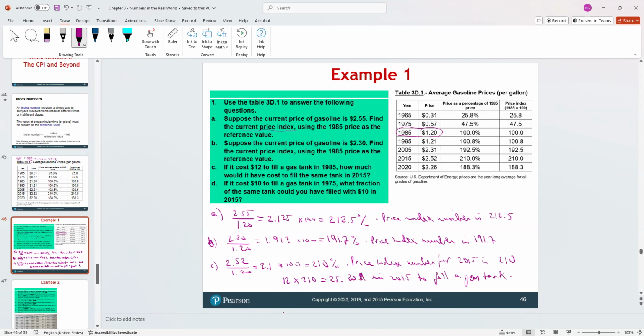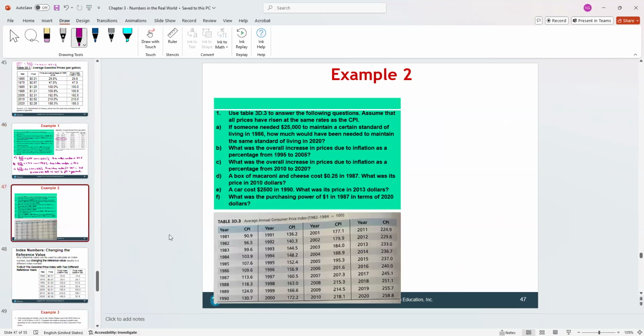So I'll leave this for you to do on your own, even though we have a few other examples here. In this one, what they ask you to do is use the tables, because we have multiple tables.